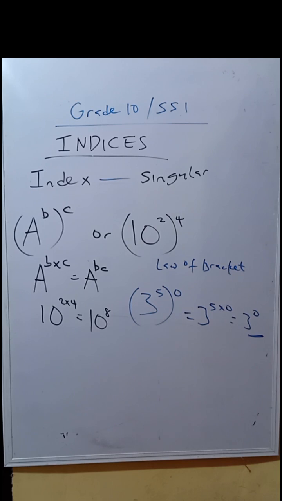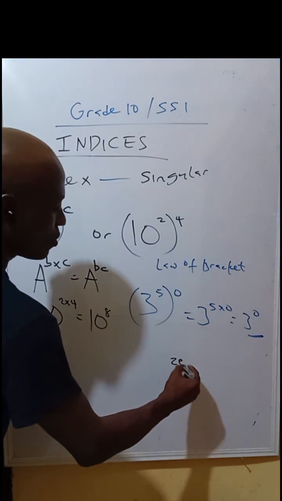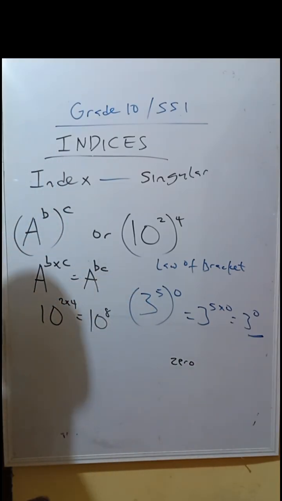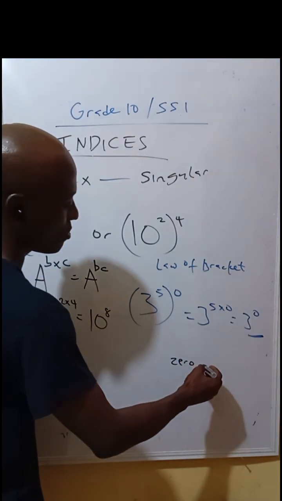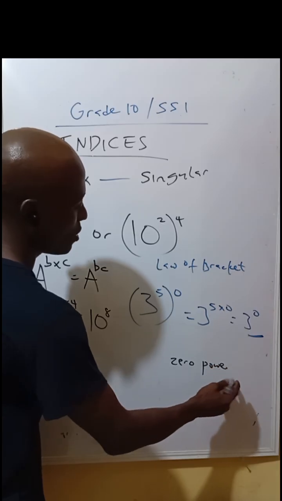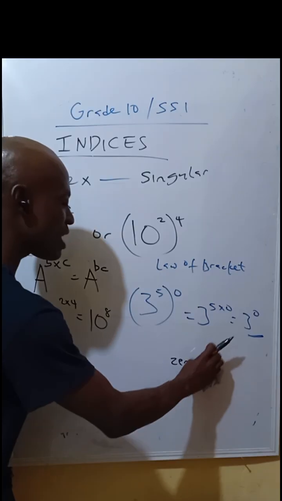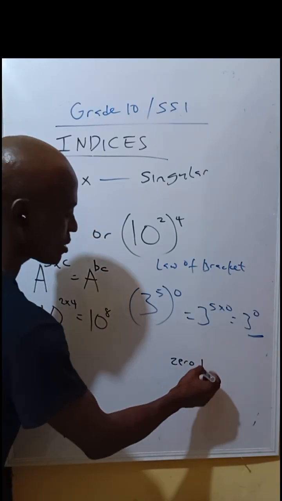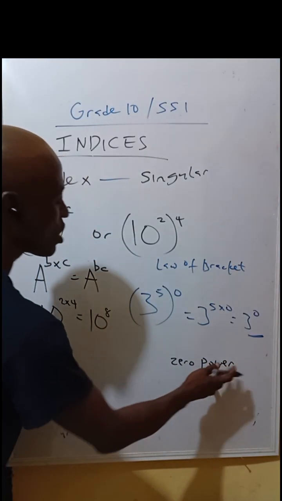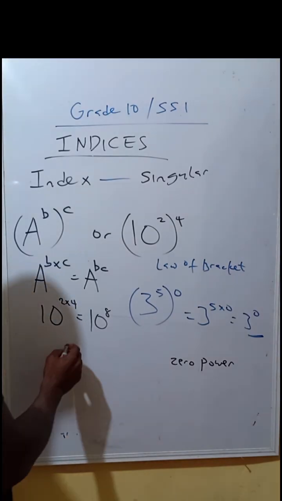Or law of powers of zeros, saying that when you have zero power. Please, some other people might not express this law the way I'm expressing it. When you have zero power, something like this, 3 raised to the power 0.